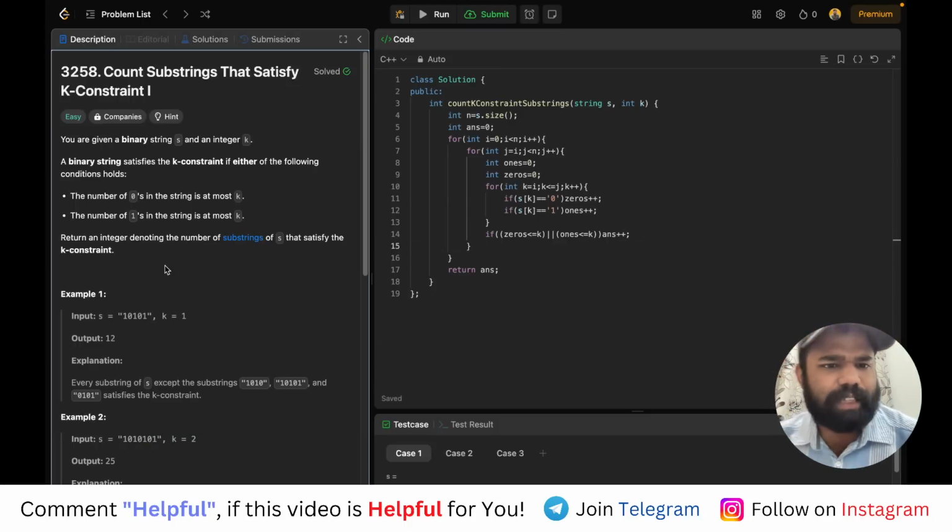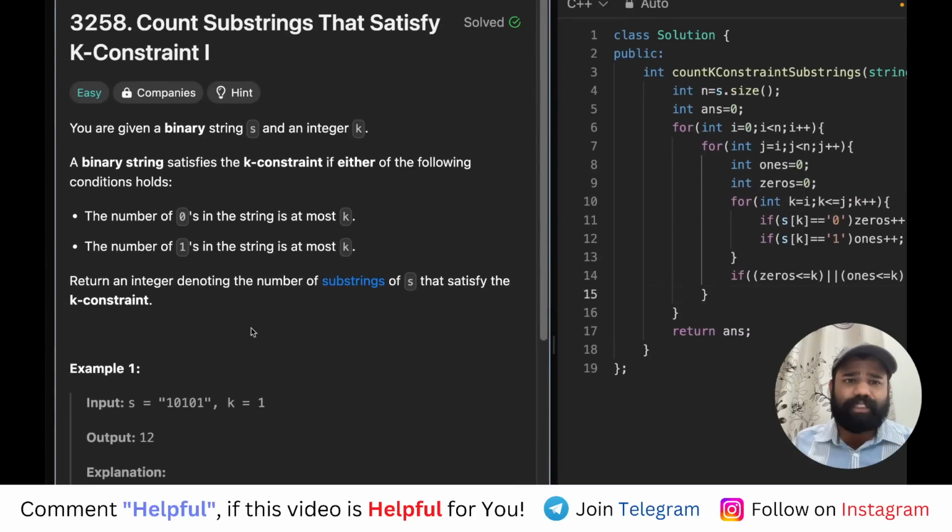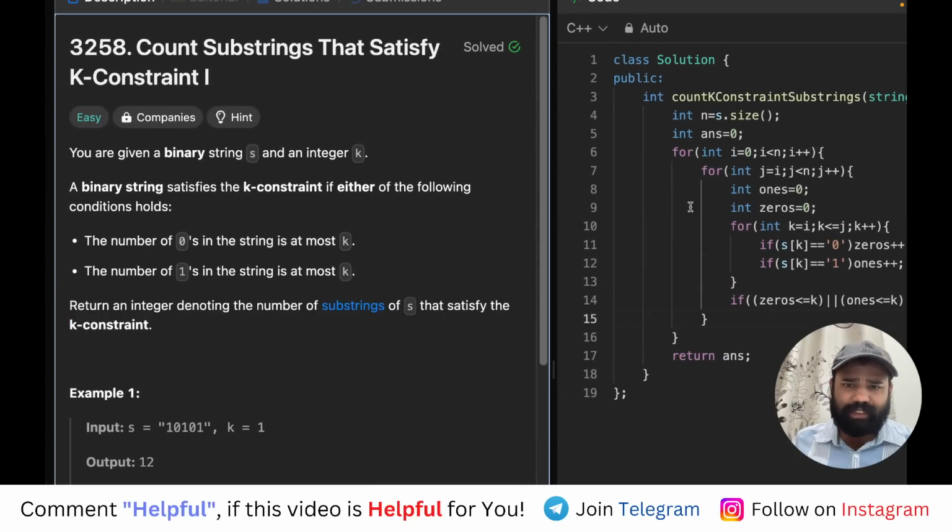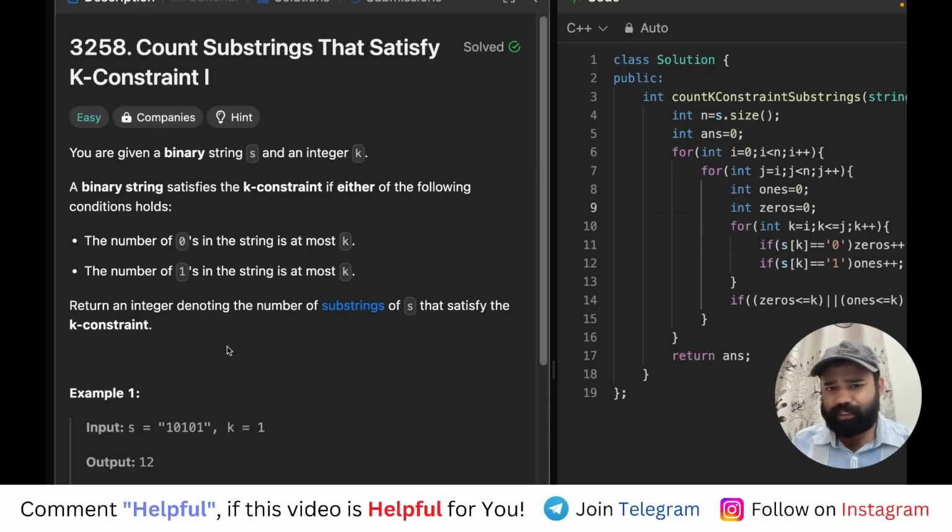They were asking you to tell the number of substrings which are k-constraint. Now what are k-constraint substrings? According to them, a k-constraint substring is a substring where the number of zeros and the number of ones, either of them, is at most k.